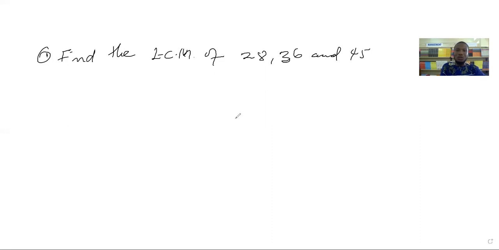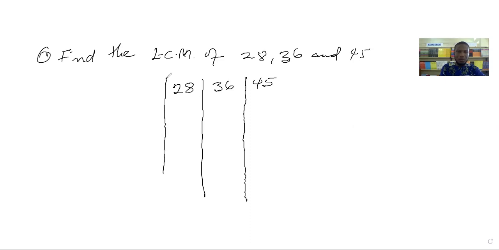So we just put these three numbers in a table, and then divide them by the prime numbers until we have one as the result for all of them. Then we take the product of the various numbers we use to divide as the L.C.M.